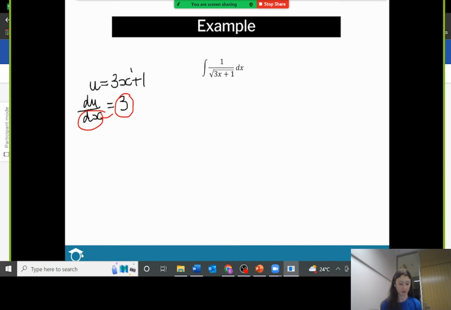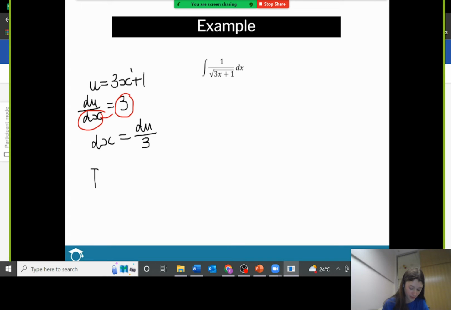So what that leaves us with is dx equals du on 3. And now our next step, if you remember, is we're going to sub in u and du on 3 into our original integral.